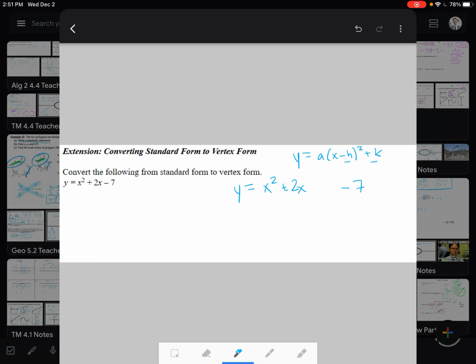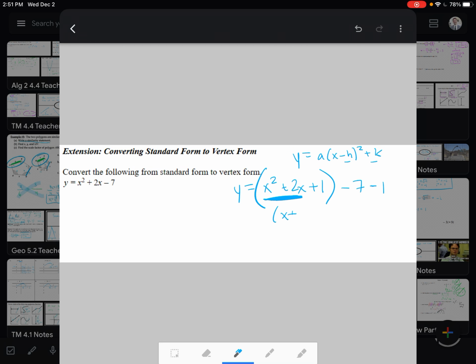So we need to find a square for x squared and 2x. And the way that we do that is we can actually add 1 to this and kind of block it off. And if we add 1, we have to also subtract 1 to keep it balanced. So if we put 1 in on the left, we got to take it out to make sure that we're not adding or subtracting anything. We're just a net zero balance there.